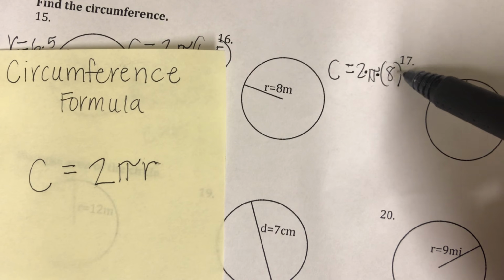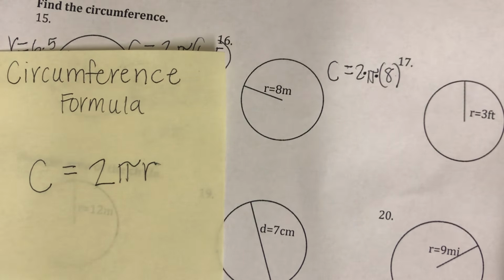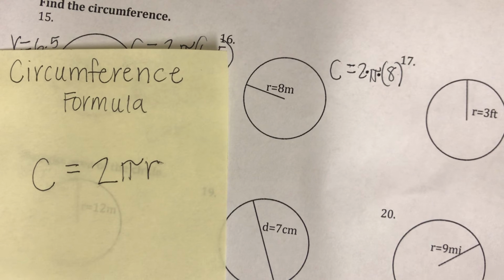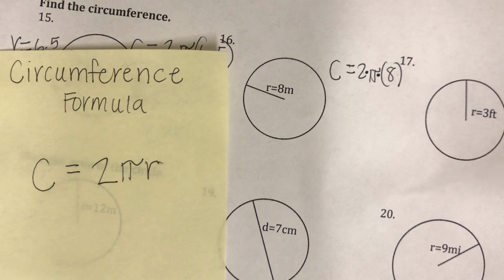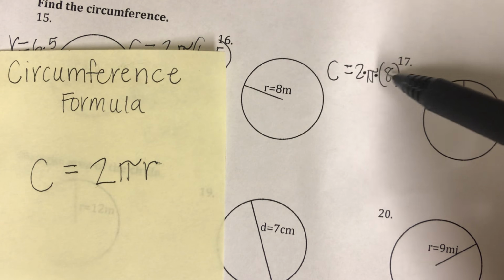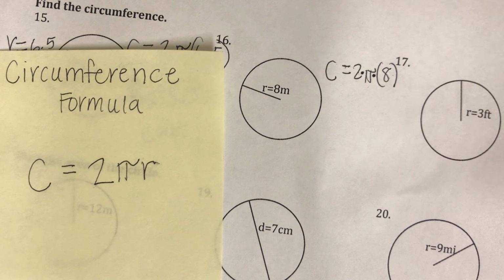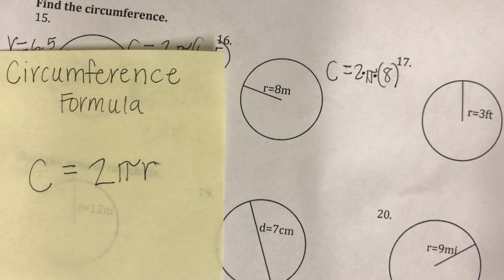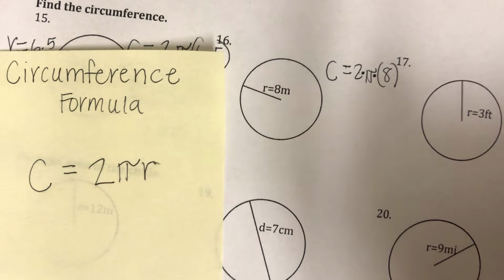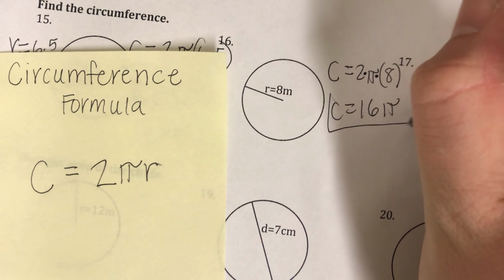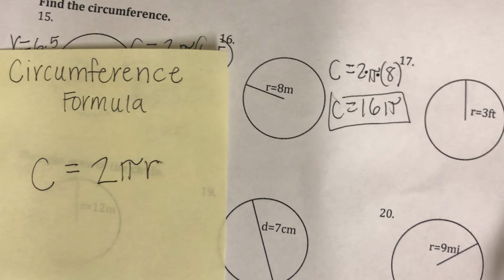So 2 and 8, I can multiply together, because remember, 5 times 4 is the same thing as 4 times 5. Order does not matter with multiplication. So 2 times 8 you can do in your head is 16, and then we just leave the pi. So number 16 is just 16 pi.